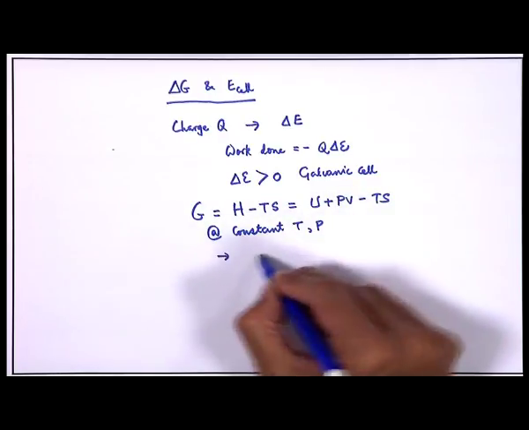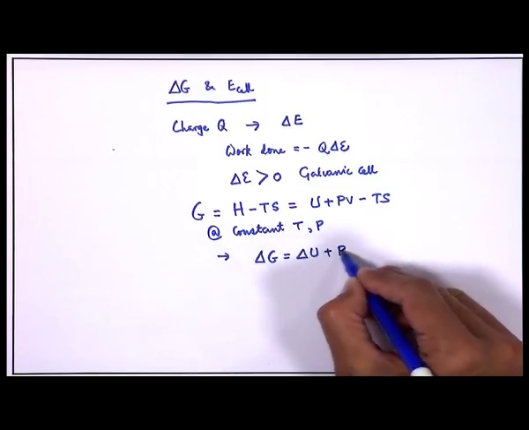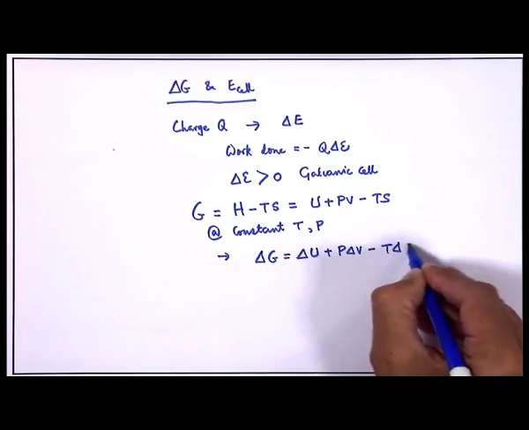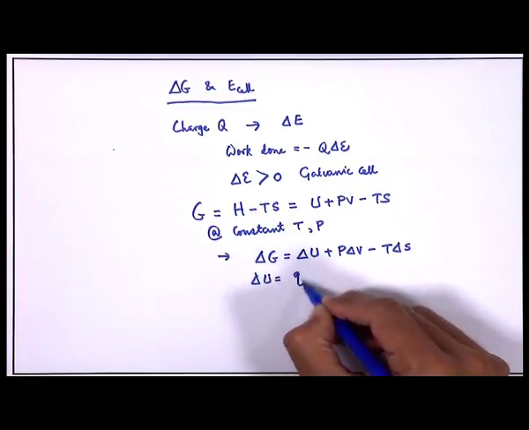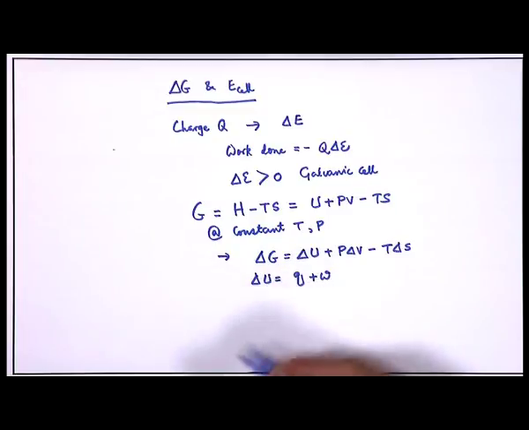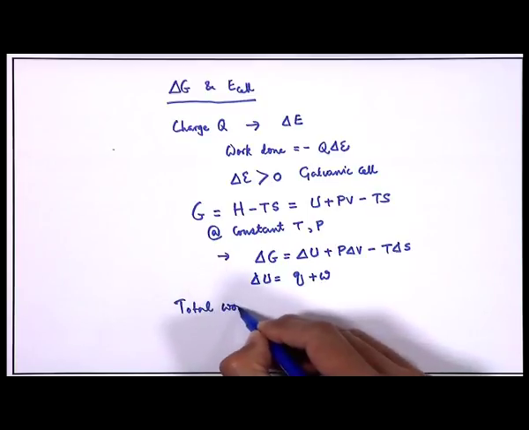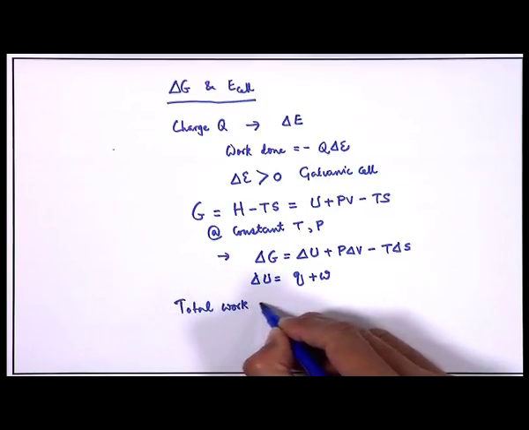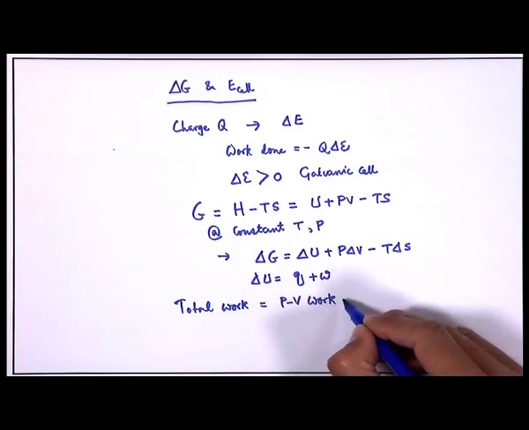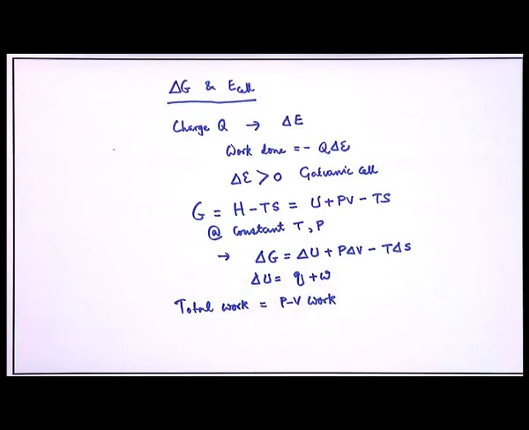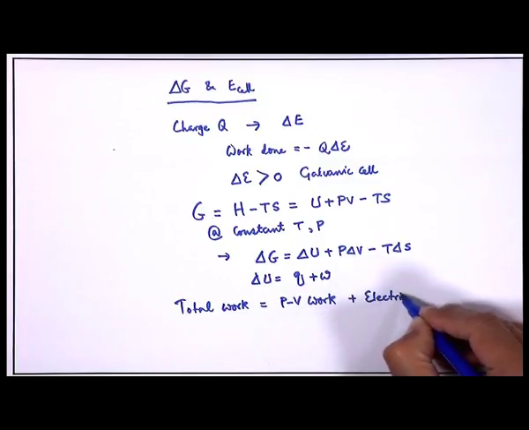We can write delta G is equal to delta U plus P delta V minus T delta S. Now, delta U is equal to Q plus W. So, this total work is equal to the mechanical PV work plus the non-mechanical work, which for an electrochemical cell is the electrical work.